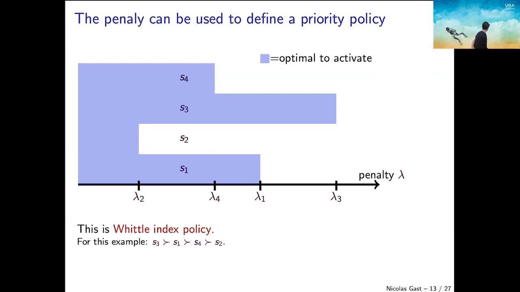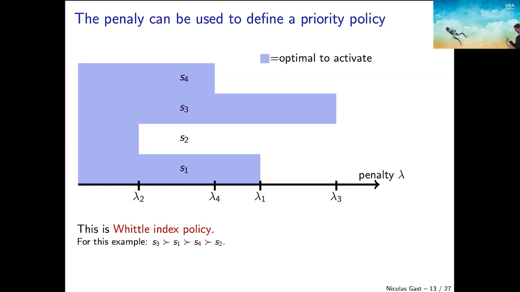What are Whittle indices? You focus on each state, for instance state 1, and there exists a unique lambda, called lambda 1, such that it's optimal to activate for this state if lambda is below lambda 1, and it's optimal not to activate the state for lambda larger than lambda 1.